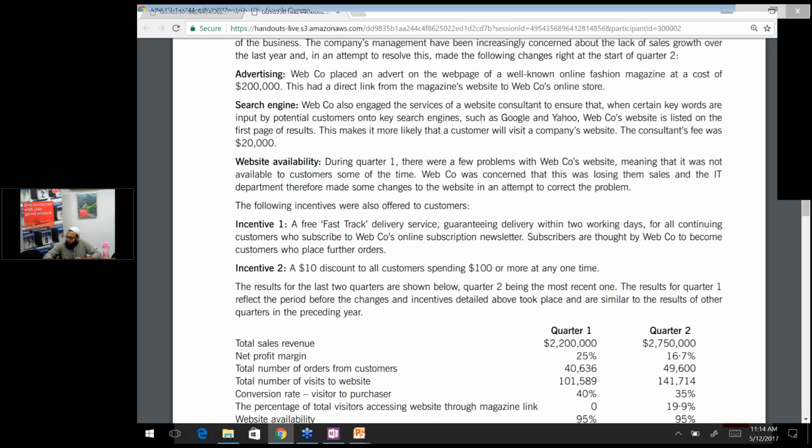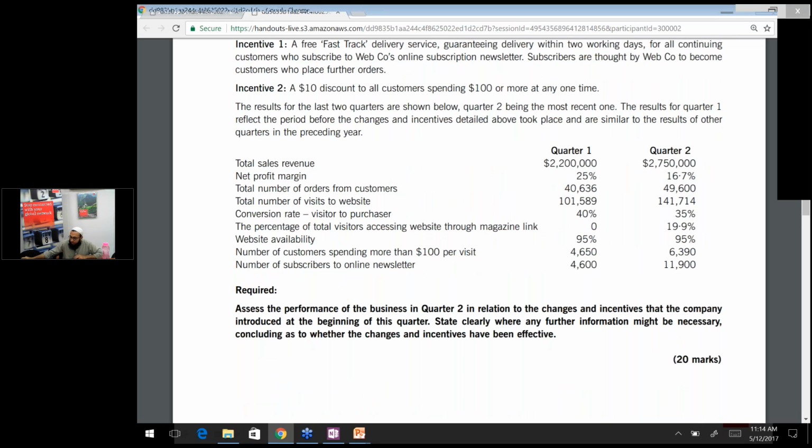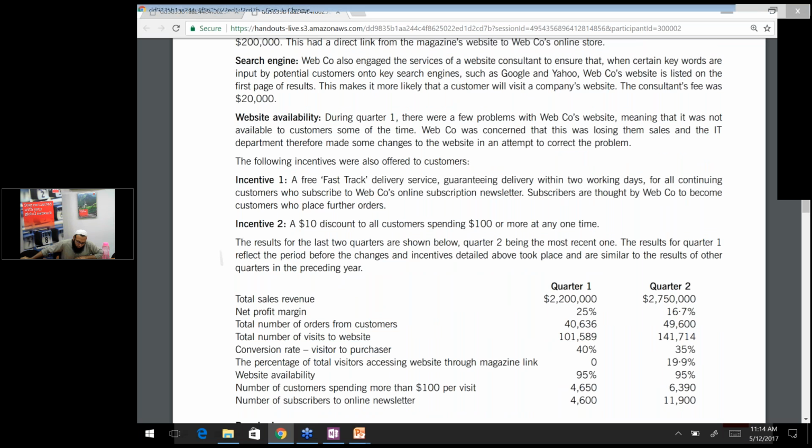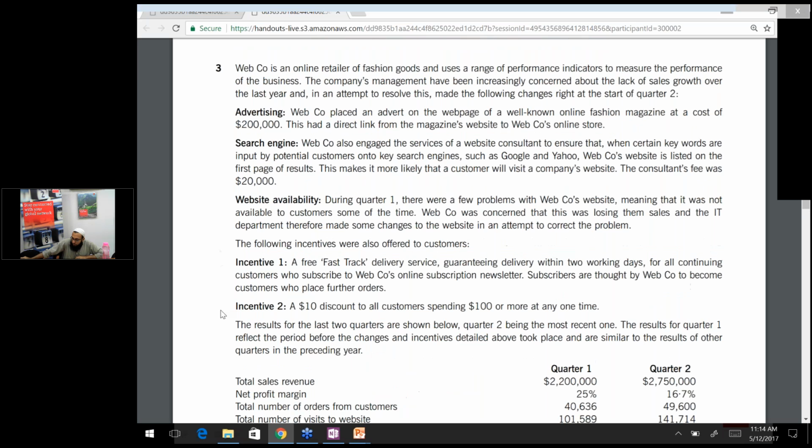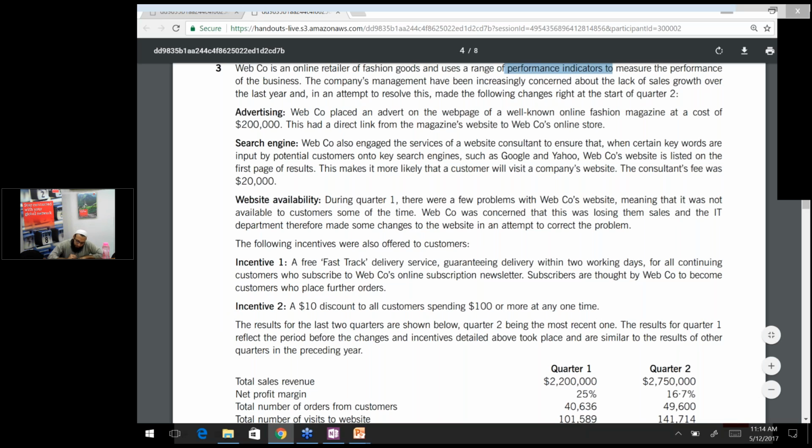First of all, let me quickly give you a summarized view of the question. Webco is an online fashion goods retailer, and Webco uses a range of KPIs to measure the performance. Now the company was facing a lack of sales growth.